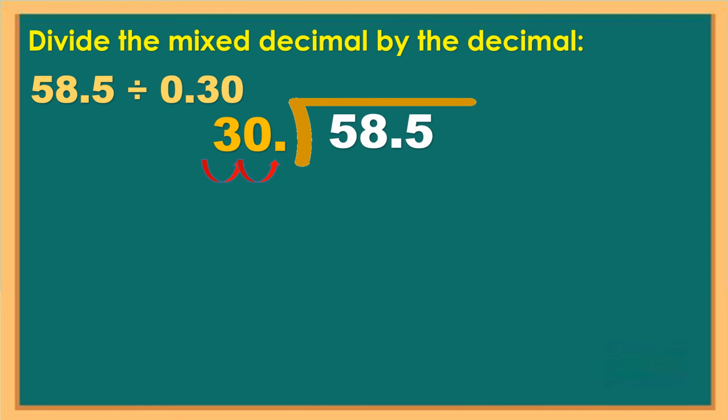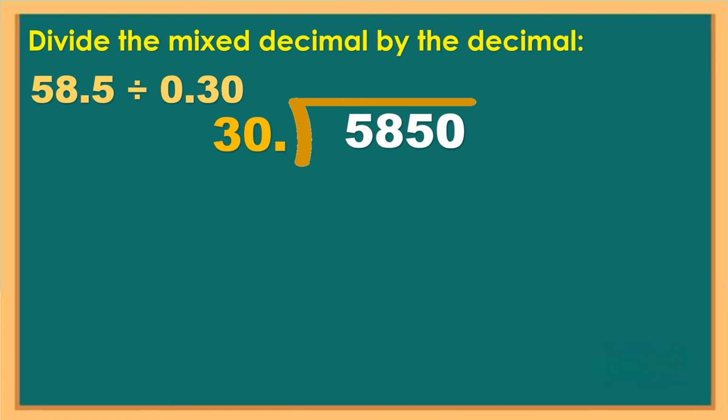So 58 and 5 tenths, move 2 decimal places to the right. Since we can only move 1 decimal place to the right of 5, we will add 0 so that we can move 2 decimal places. Then the new dividend now is 5,850.